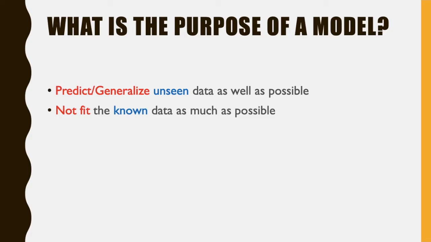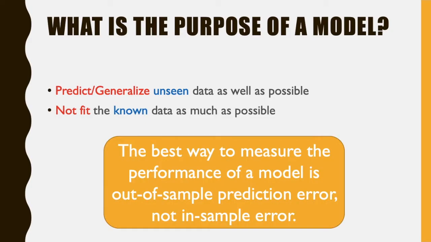It has a huge implication on how to measure the performance of a model. We measure the performance of a model based on how much its out-of-sample predictions differ from the reality, not how well it fits the fitted data or how big the R-squared value is.